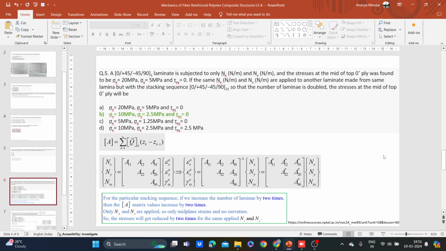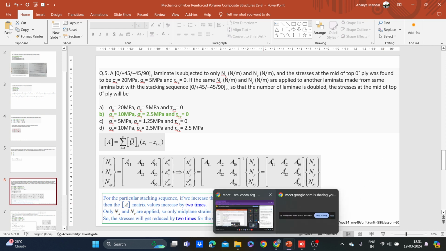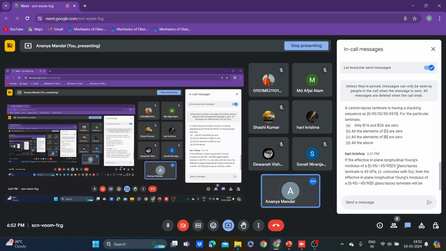So from this relation, what is happening? The A matrix will decrease in the question that you have shown. Initially, there were 16 laminas. Then it got reduced to 8 laminas because from 2S it became S. So the A matrix will also decrease.